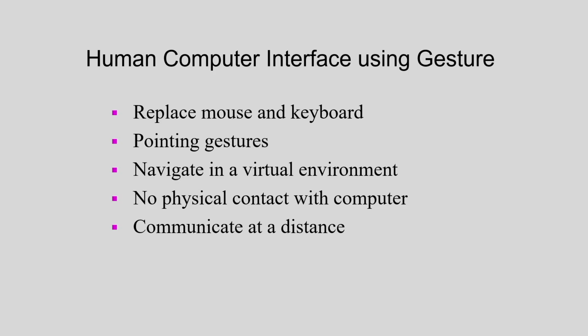And like navigating in a virtual environment, that is the VR application, virtual reality application, and no physical contact with the computer, because I can interact with the computer by using hand gestures and communicate at a distance. So, these are some human computer interfaces using gestures, the hand gestures.